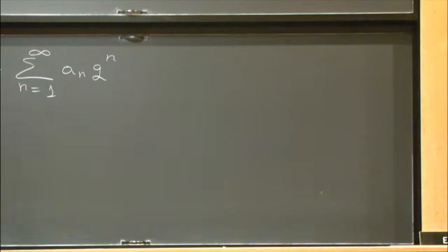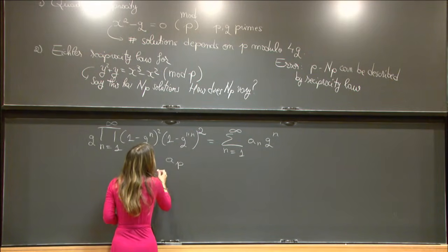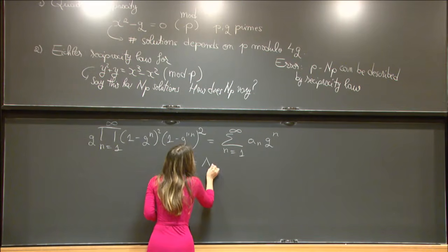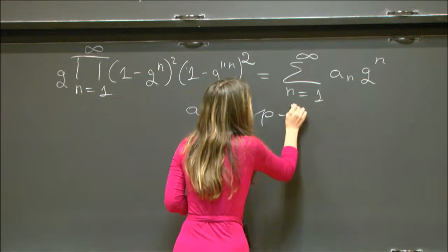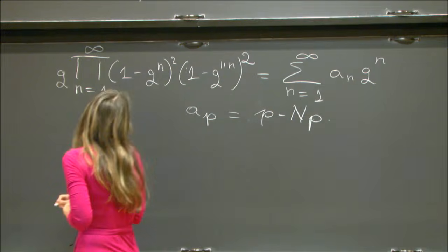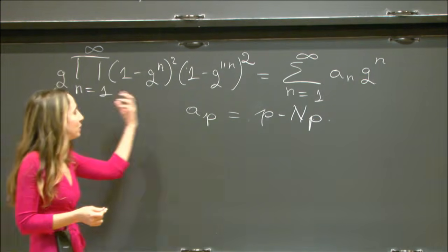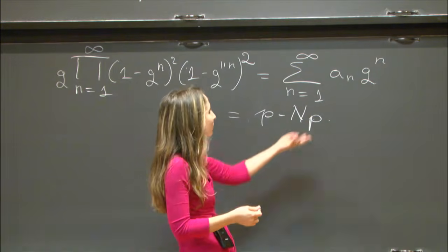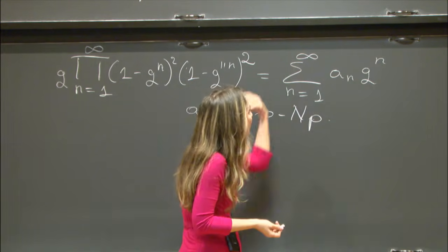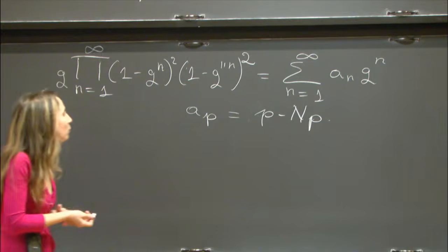This is a power series in q, starting with q to the 1, so a_n q to the n. And it turns out that when p is a prime number, you have the reciprocity law, a_p is equal to p minus n_p. All right. And so as you expand this power series, you can compute the coefficients. And for instance, you can check that the fifth coefficient is 1, which matches 5 minus 4.